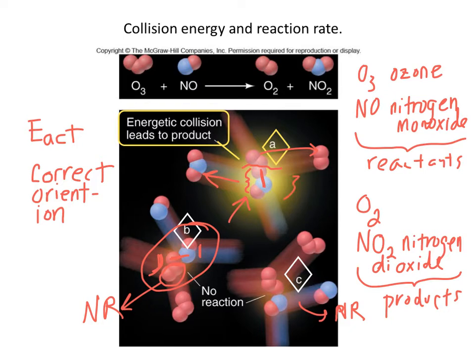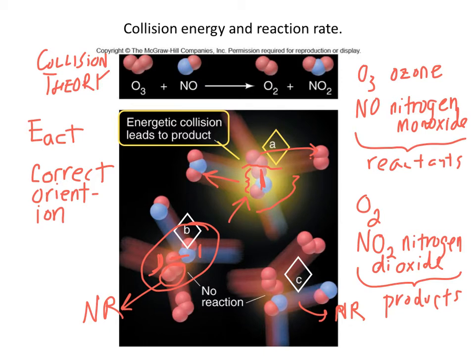And this yellow is the energy that was necessary to break this bond, allowing the electrons then to form this new bond, and then these two split apart and become products. So that's what we call collision theory. It does have a name, collision theory, and it's a pretty common idea in chemistry.